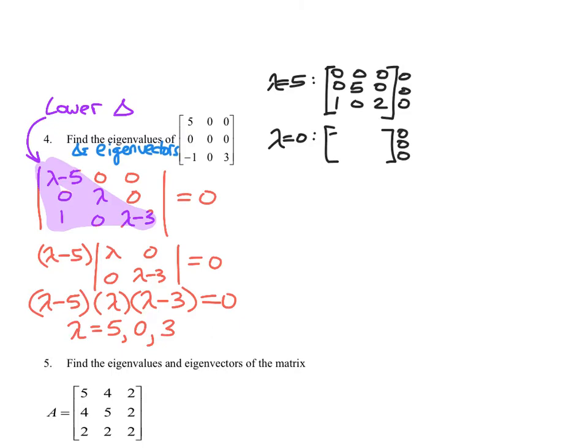So -5, 0, 0, 0, 0, 0, 1, 0, -3. Then the last one, -2, 0, 0, 0, 3, 0, 1, 0, 0.